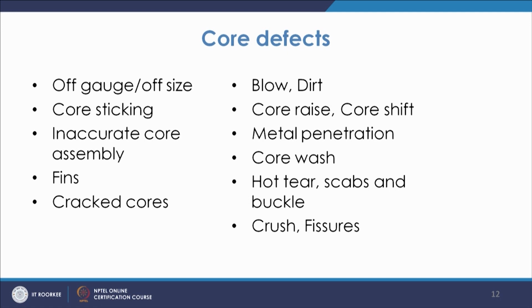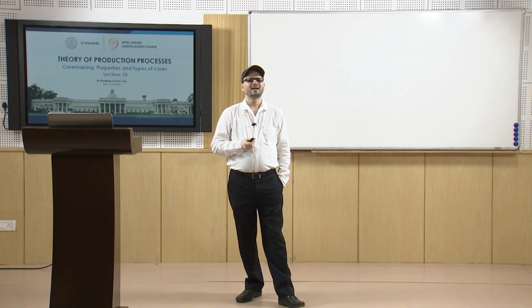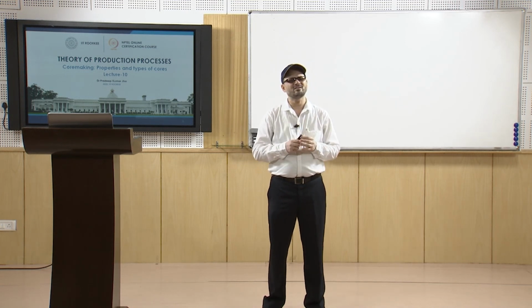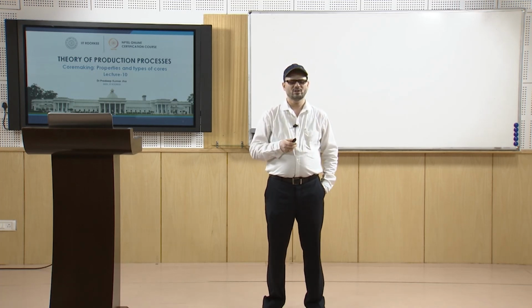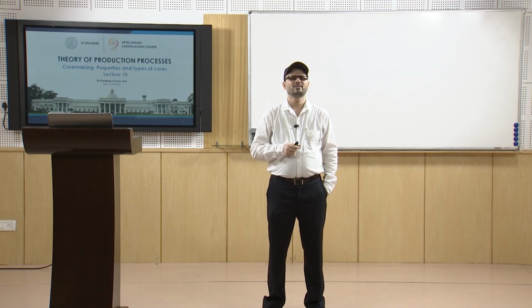Core wash is there. Hot tear, scabs and buckle are there, which are because of poor expansion properties. Then you have crush or fissures which also develop in the case of cores. These are the different kinds of core defects which are to be avoided when we discuss core defects. Thank you very much.